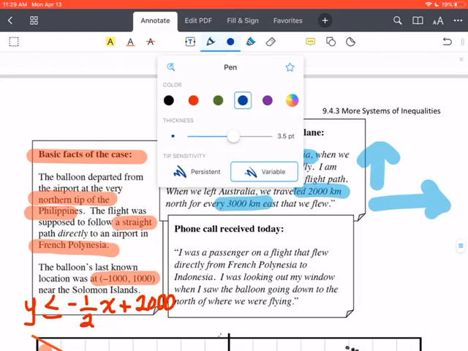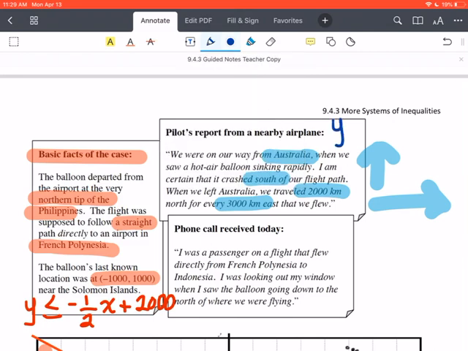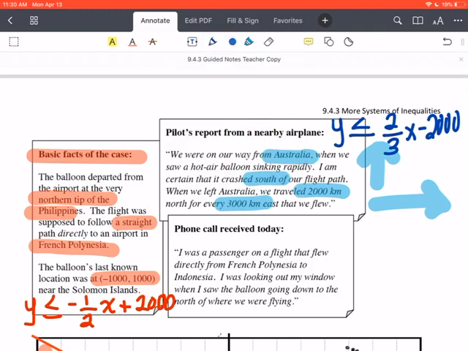So our next inequality, okay, is y, leave a space for a second, and we said positive 2/3 x, and then minus 2,000, and we shaded below the line, so that's less than, but we're still going to consider that flight path, so less than or equal to. So there is our second of 3 inequalities.